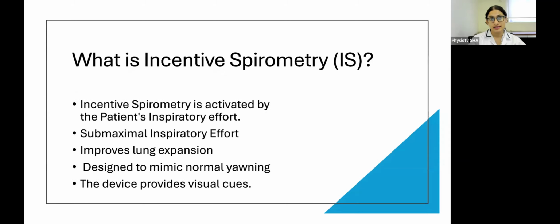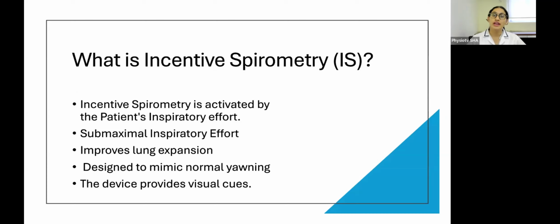Let's start by understanding what incentive spirometry is. Incentive spirometry is a device which helps in activating the patient's inspiratory effort. We have to keep in mind that this is a sub-maximal inspiratory effort, which helps the patient improve lung expansion.